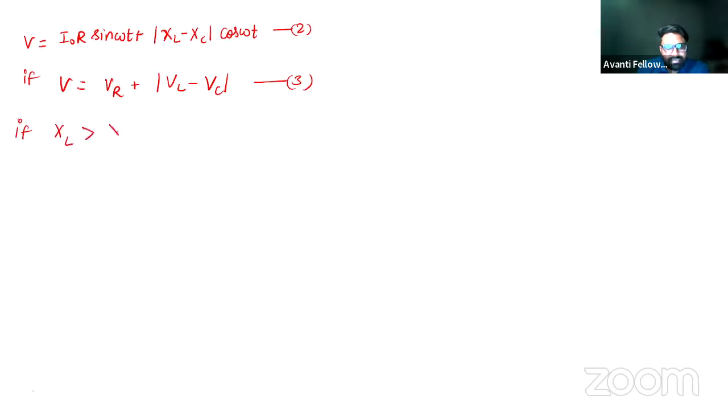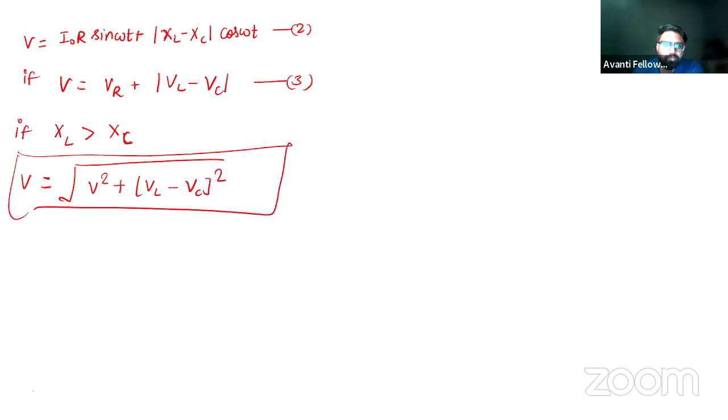If XL is greater than XC, then the resultant voltage here is given by the square root of VR square plus (VL minus VC) whole square. ठीक है, this is the resultant voltage formula.